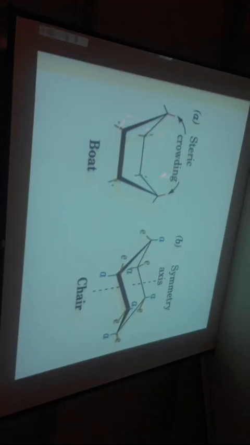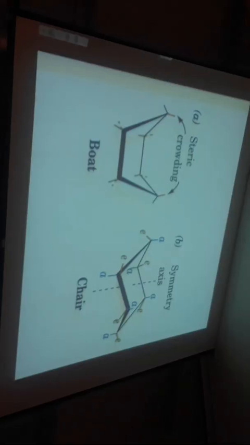Here, the boat conformation, and we see that if we have substituents, especially bulky substituents in these positions, we have some steric clashes, and for that reason, this is not thermodynamically favorable. More favorable is such a chair conformation, where our substituents at the ring carbons are actually placed either in equatorial or axial position.